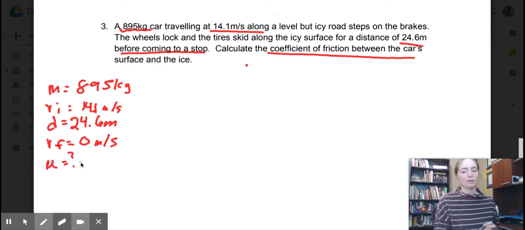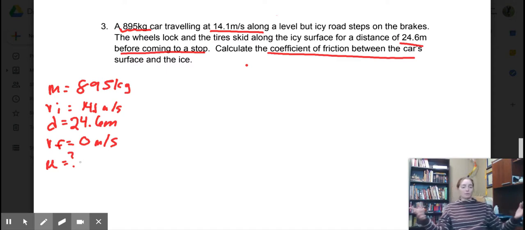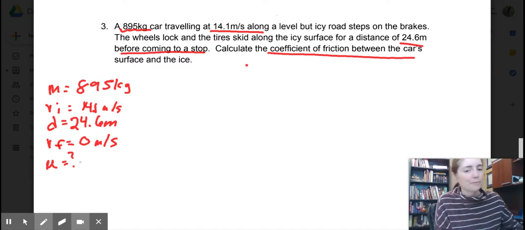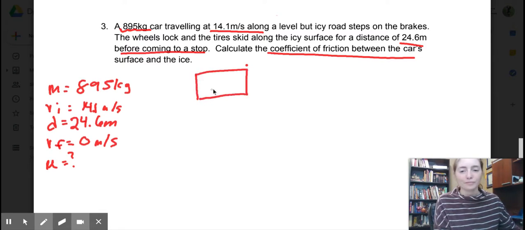So we need to calculate mu. Ladies and gentlemen, this is a tough question, and it's going to involve a bunch of planning on our part. So let's think about what we have. So first, let's draw a free body diagram. There's your car. Hey, let's draw a surface. Why not?